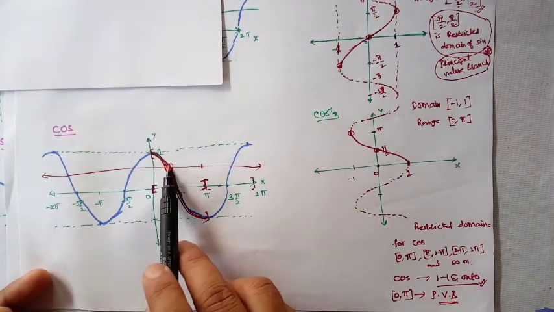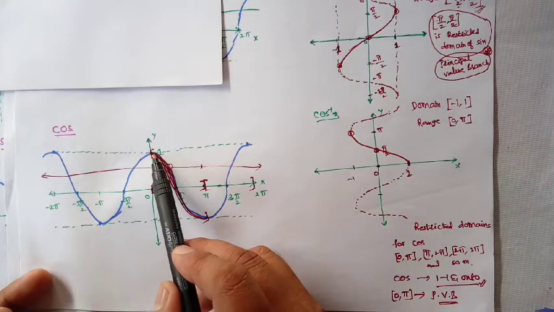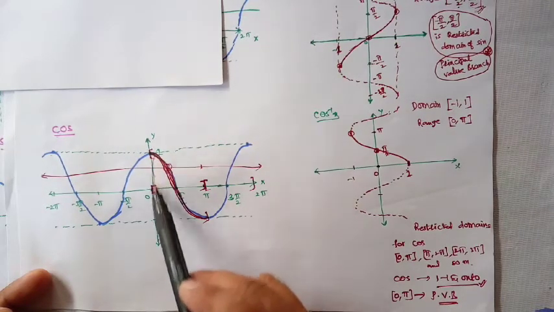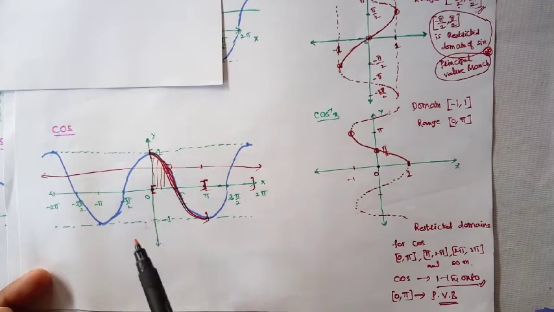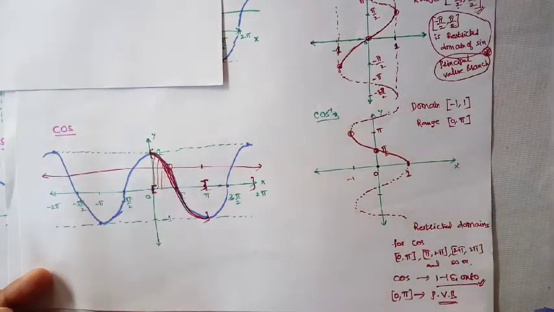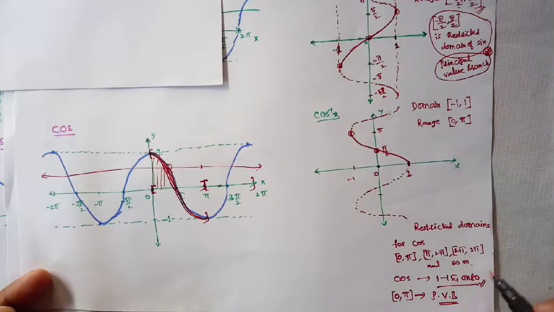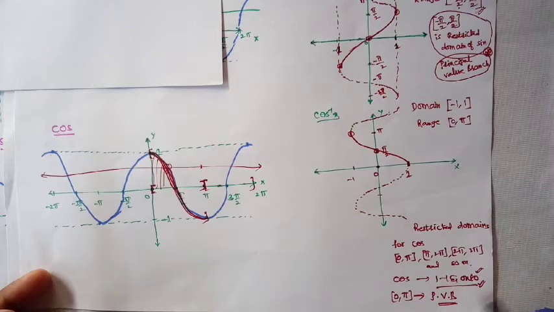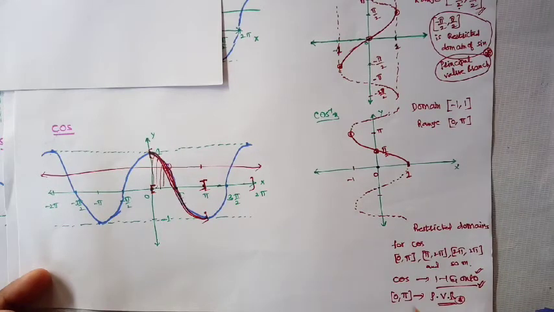Then f is 1-1, and corresponding to each value of y, we are getting one value of x here. Then cos is going to be 1-1 as well as onto in the particular domains 0 to pi, pi to 2 pi, 2 pi to 3 pi, and so on. So we must consider 0 to pi as the principal value branch.